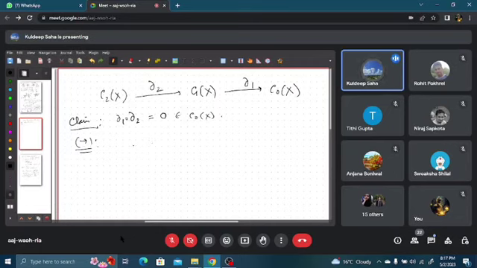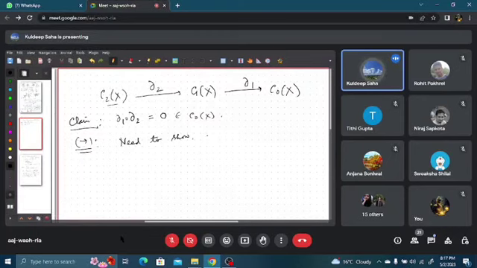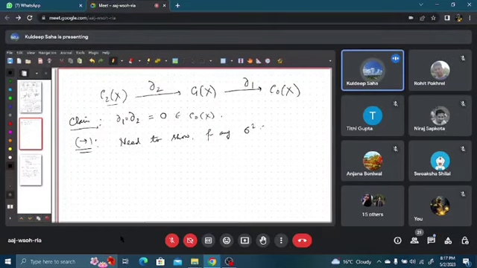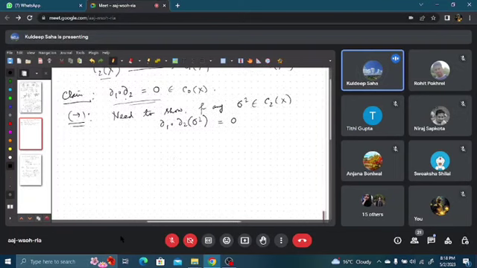We have to take an element here and show that for any sigma 2 in C2x, this map is 0. If we can show that for any sigma 2 this is 0, then we can show this claim, and that is the definition of this thing.